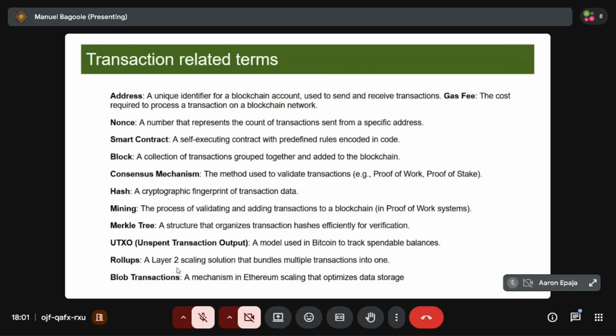Then log transactions is one of the mechanisms that rollups use, which allows them to accommodate all transaction information but keep it only for a very short time. I won't get into much detail because we're going to see it practically later on.